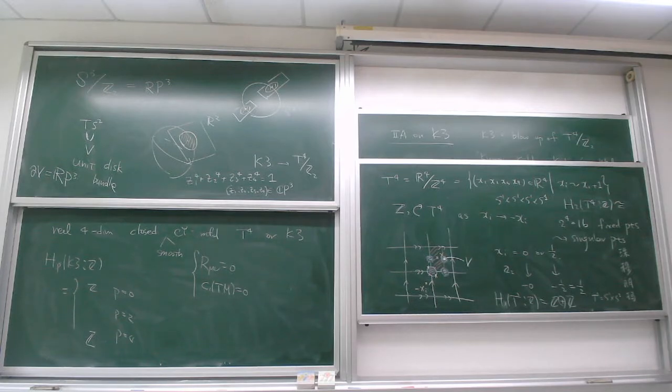For instance, what kind of generator of H2? Can you give me one example of a 2-cycle inside of T4?